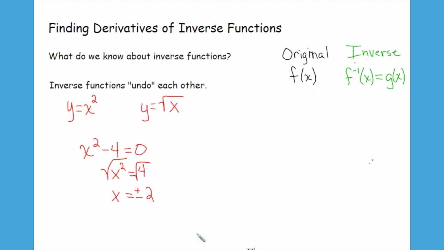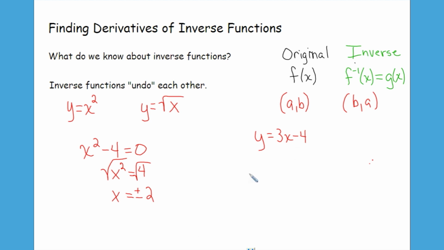In the original function, you will have the point (a, b). Original and inverse functions switch their x's and y's. So the point (a, b) would be on the original function, and the point (b, a) would be on the inverse function. What you have probably done so far is your teacher gives you something like y equals 3x minus 4 and asks you to find the inverse.